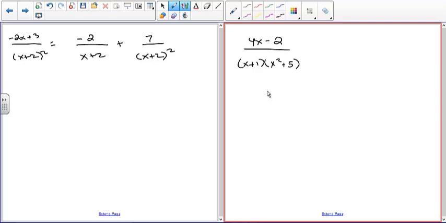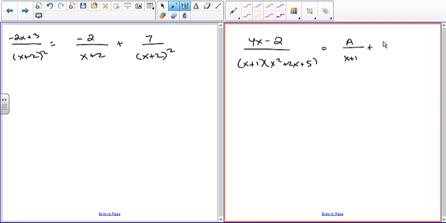Now, one thing, before we do this one, don't write this down. If this is not factorable, which I don't think it is, meaning you can't get real factors, would I do this? Does it always have to be x squared plus or minus a constant? And the answer is no.